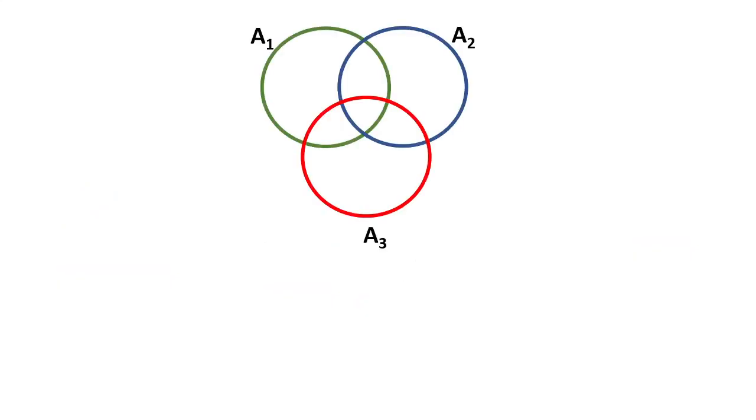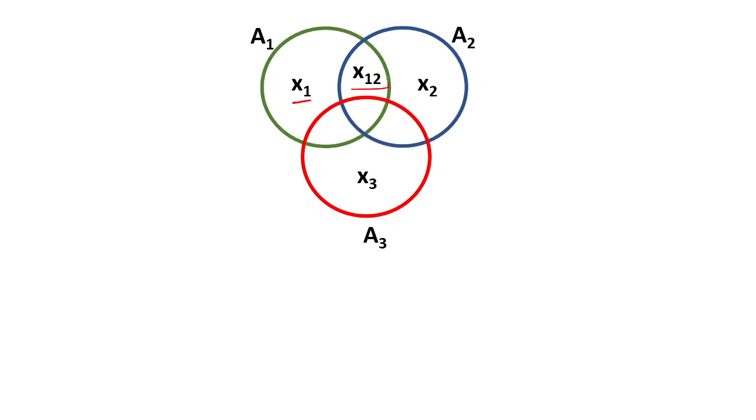Fair enough. So for 3 sets, this formula becomes something like this. We have so many different kinds of areas here. We have x1 denoting the area only in A1, x2 denoting the area only in A2, x3 only in A3, and then you have some areas like x12.